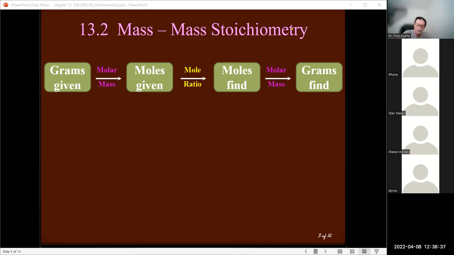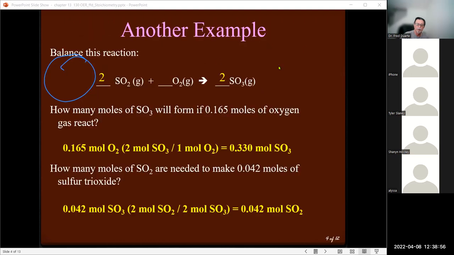And so this flow chart kind of breaks it down for you, because if you are given a problem in grams, like the problems we just did, we could have stuck in moles here. Let me erase this.